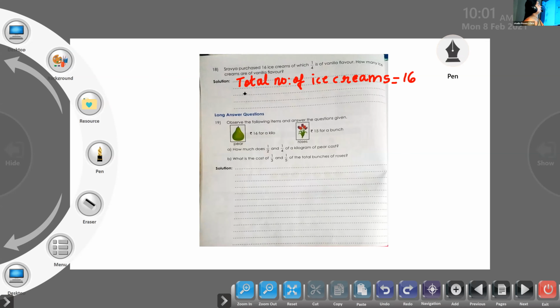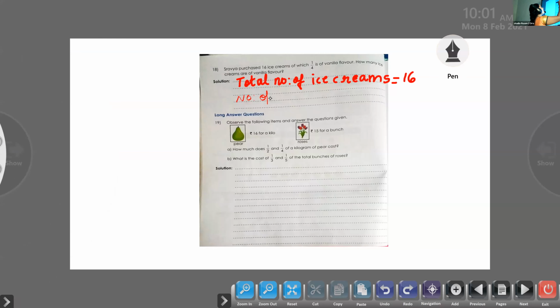Now, number of vanilla ice creams equal to, it is given 1 by 4 of 16 are vanilla ice creams.